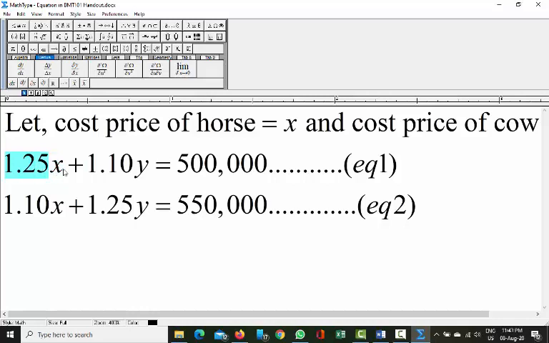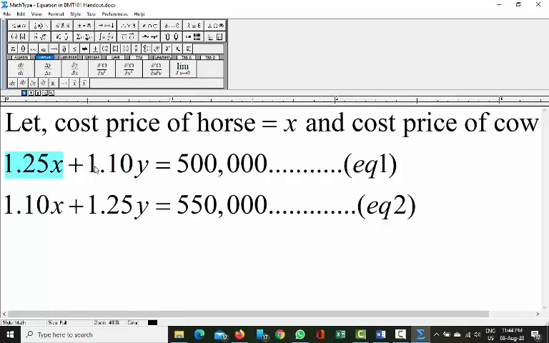Since the cost of the horse is X taka, not 1 taka, we multiply by X: 1.25 into X. Again, you can make a 10% profit on the cow.